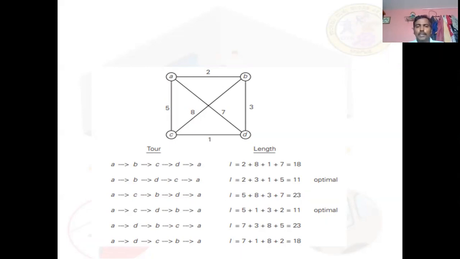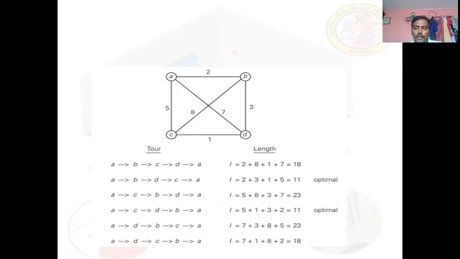I repeat, a graph is nothing but a finite, non-empty set of vertices, and a set of edges.